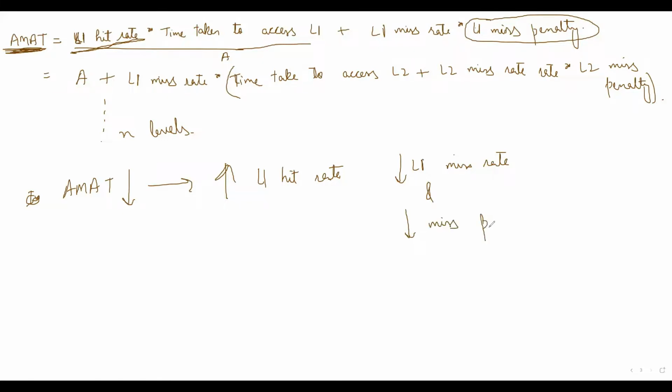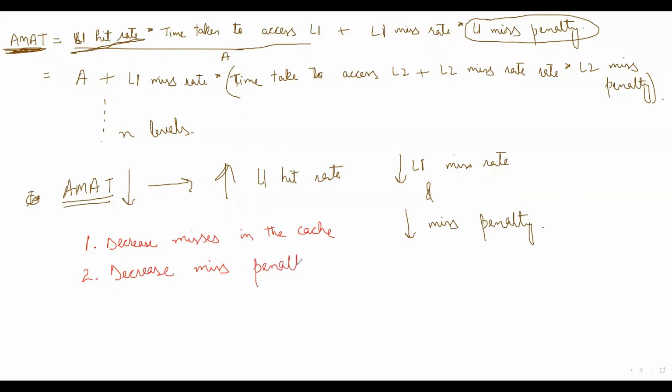So these are the two things. To decrease average memory access time, we have to make two improvements. First is to decrease misses in the cache. Second improvement that we can make is to decrease miss penalty. These are the two things that we can do to decrease the average memory access time.